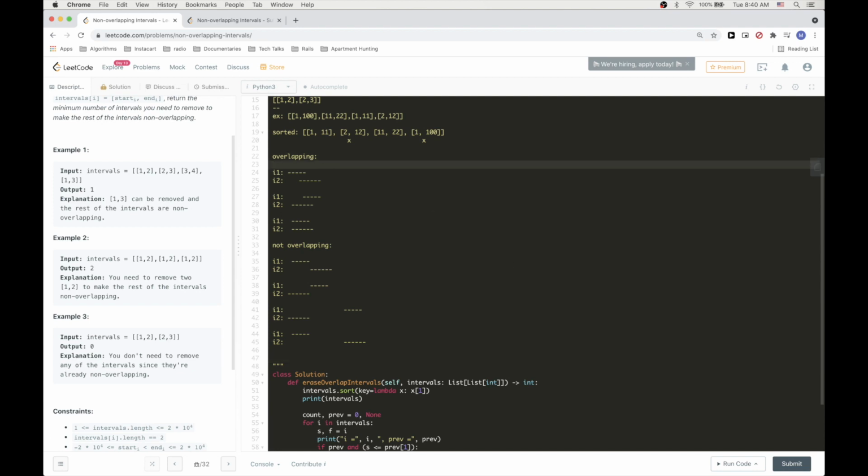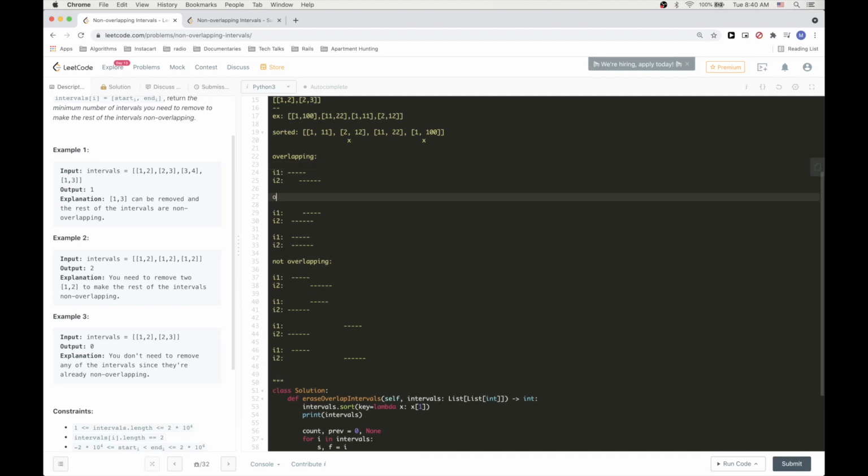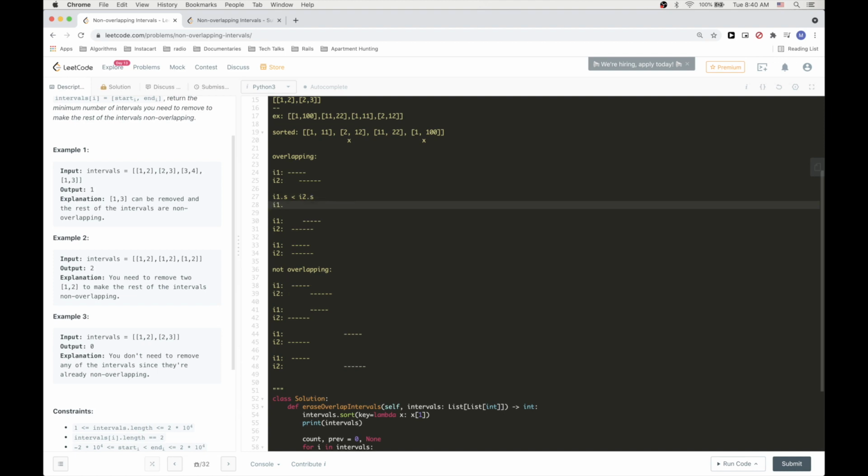So let's see. Let's call this one E1. So this one here, E1 start is smaller than E2 start. E1 finish is smaller than E2 finish, right?